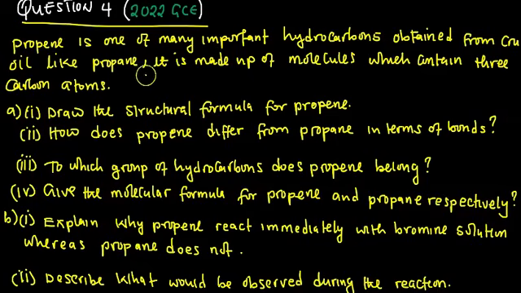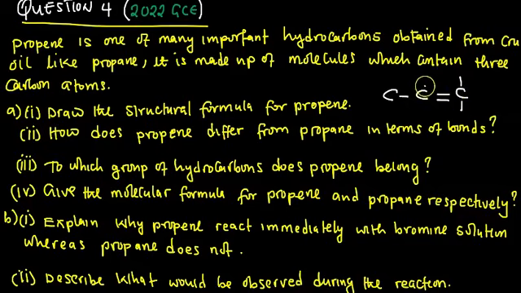So this question reads: propene is one of the main important hydrocarbons obtained from crude oil. Like propane, it is made up of molecules which contain 3 carbon atoms. Draw the structural formula of propene. This one is simple. You just draw 3 carbons, with a double bond between 2 of them. The carbon with the double bond is already bonded to 2, so it only needs 2 hydrogens.